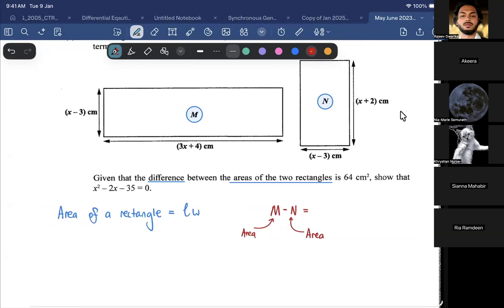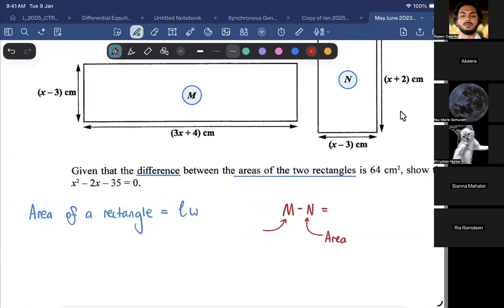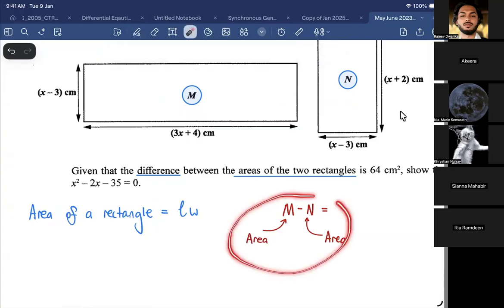Difference, I like how you say that. The difference. So when I write M minus N, could you translate that to English for me? What does that mean in English?